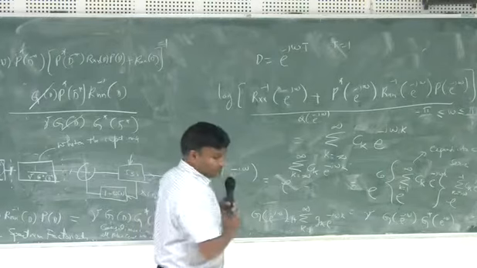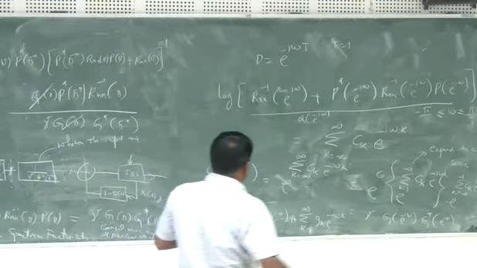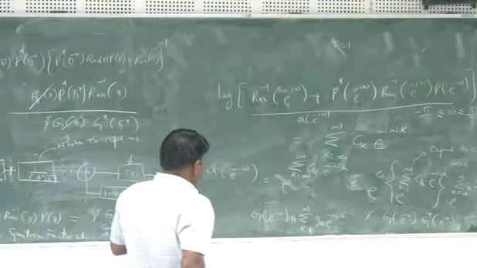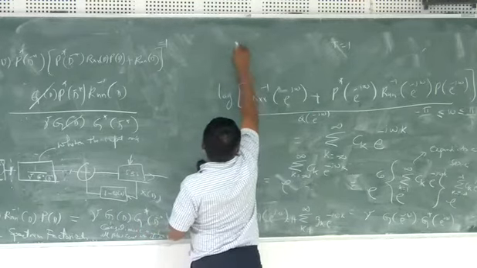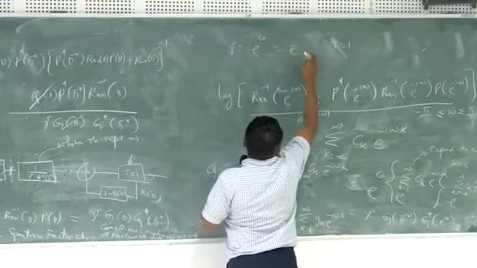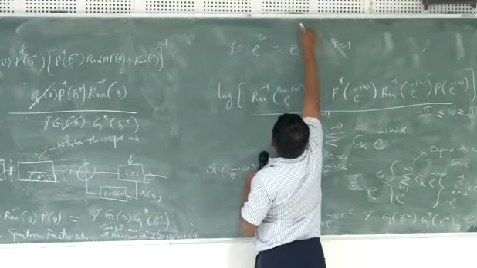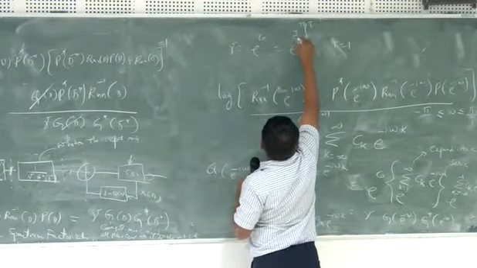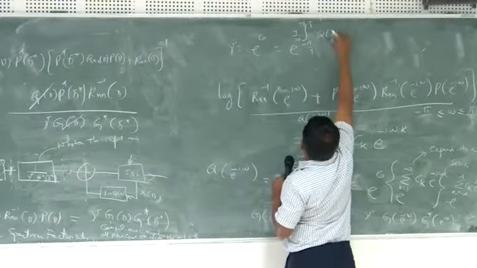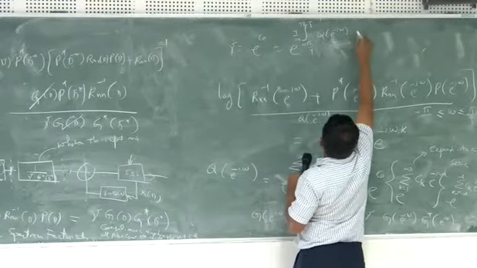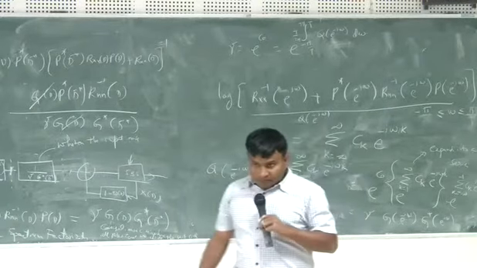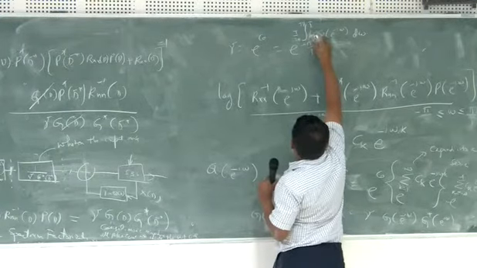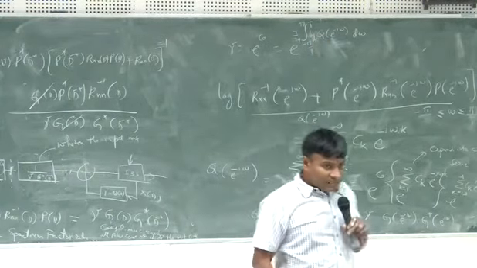And what is gamma here? You should be able to tell me. See, gamma is related to C naught, right? Well, gamma is e raised to C naught. And C naught is minus pi by T, integral of the logarithm, base e, of q of e to the power of minus j omega, d omega.